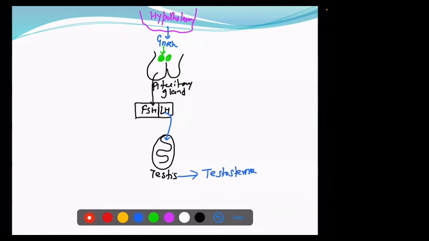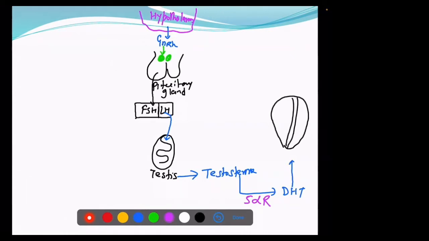This testosterone is converted to dihydrotestosterone with the help of the 5-alpha reductase enzyme. This dihydrotestosterone acts on prostatic receptors, such that it stimulates the growth of prostatic cells as well as cancer cells.